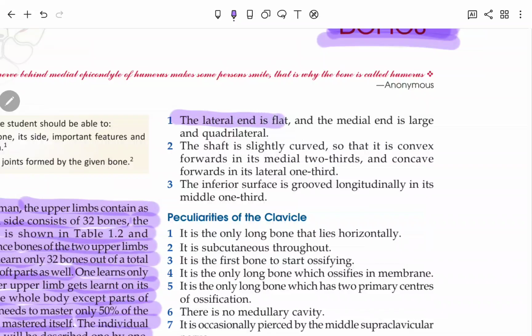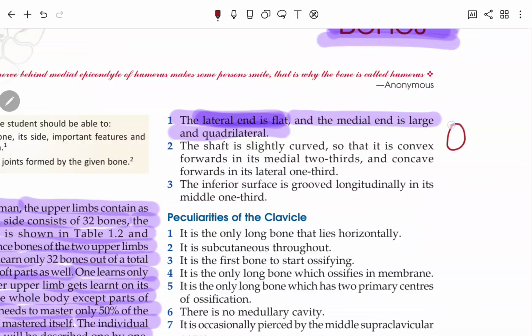The lateral end is flat. The flat end is the lateral one, which is away from the body, and the medial end is large and quadrilateral. Remember this. You need to hold the clavicle in such a way that the outermost part is flat and the one part which is broad, quadrilateral, large should be towards the body.